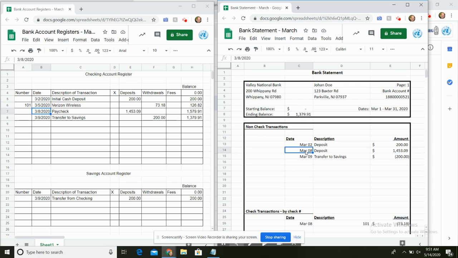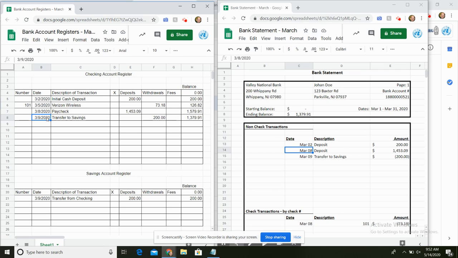Same thing with your deposit from your paycheck. That most likely is being directly deposited, so it comes in on exactly the same date that you have it marked as. Your transfer to savings, you're doing that in kind of real time. It happens then.